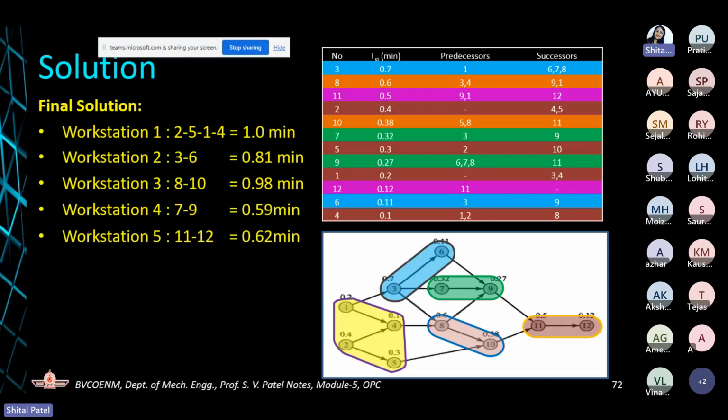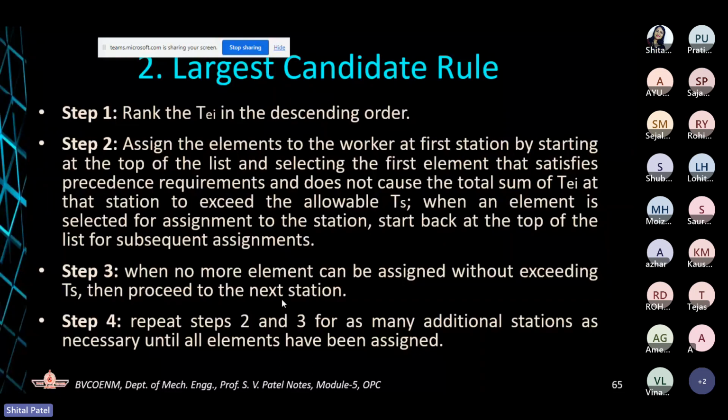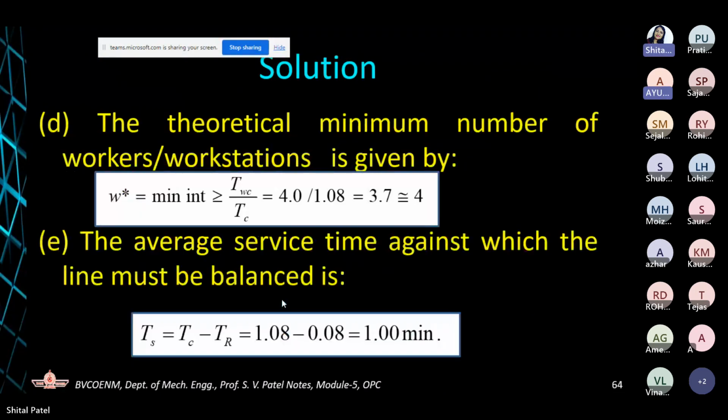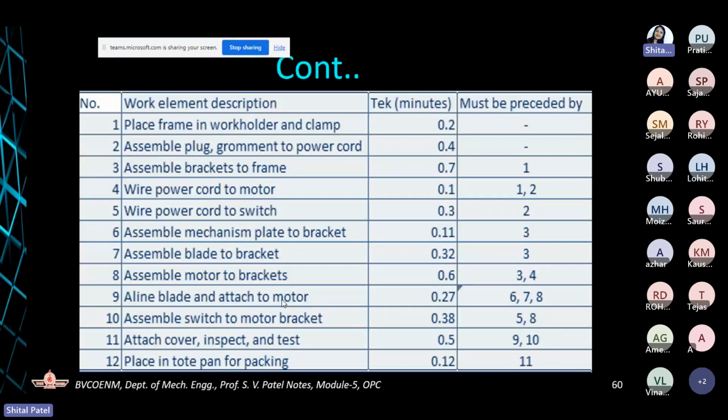No. See, the data will be given in the way I mentioned in the previous slide. Let me go to the earlier slide, slide number 60. Is the white color table visible to you?